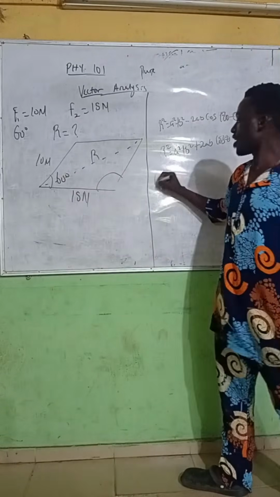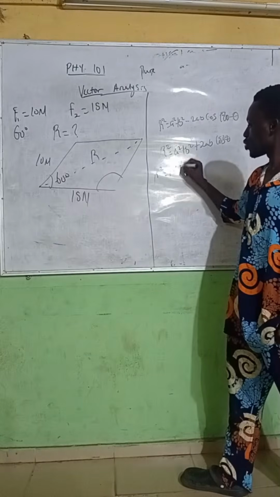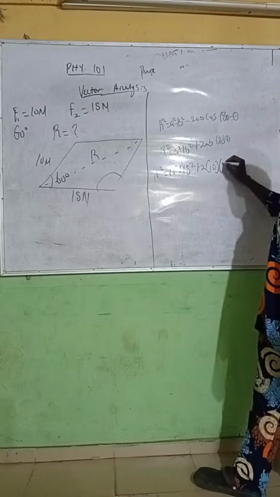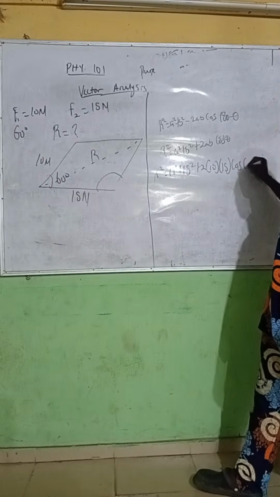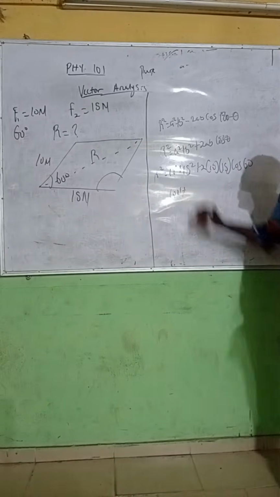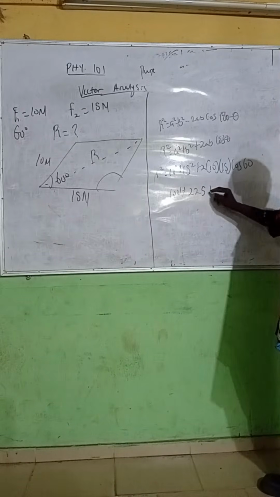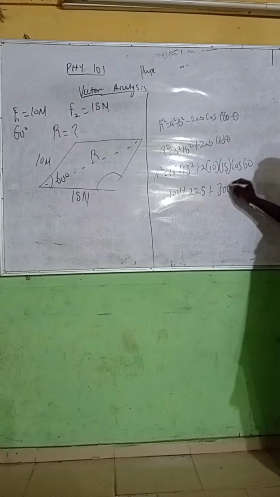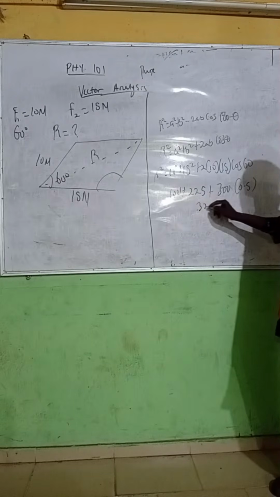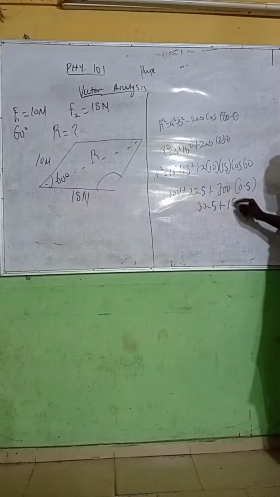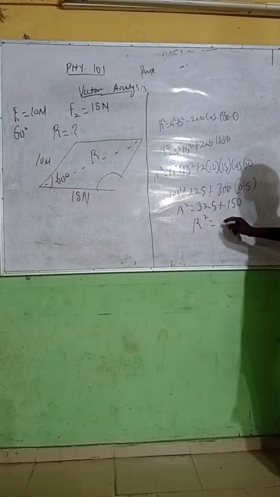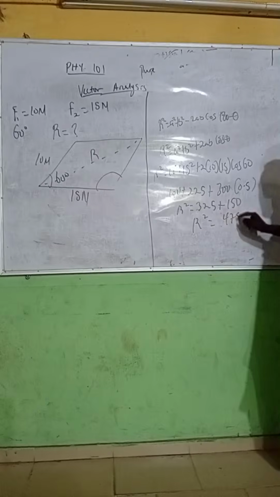So here now we have R squared equals 10 squared plus 15 squared plus 2 times 10 times 15 cos 60. So we have 100 plus 225 plus 300 times 0.5, so 325 plus 150. R squared equals 475.